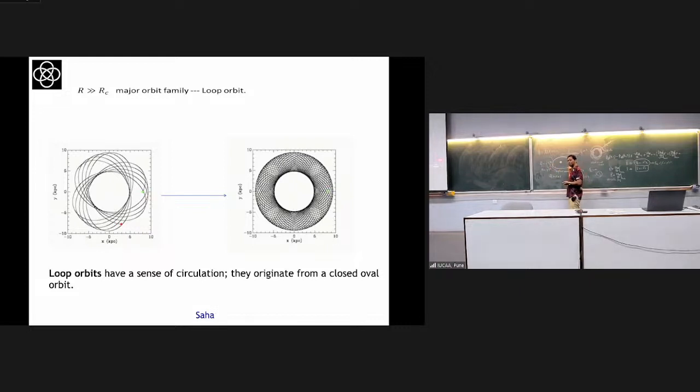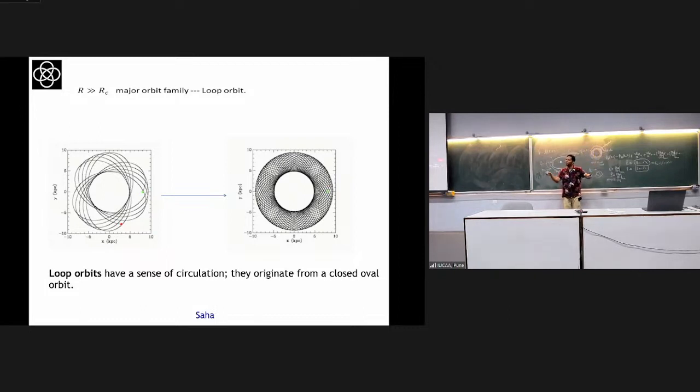You change this, things might change, and that's where the research goes. Okay, so that's the logic behind all this. Now you can think that when we started by saying that the galaxy is made up of m stars all going in circular orbits, we can now replace the circular orbit with a loop orbit.